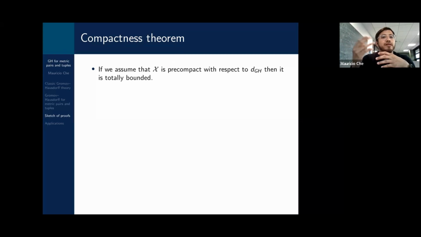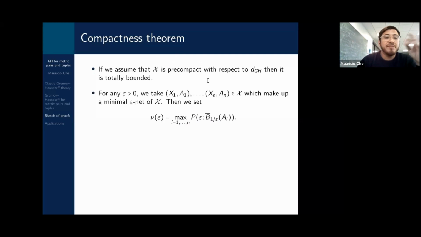But it also implies that this class is totally bounded. Not uniformly totally bounded, just totally bounded in principle. And that means that for any epsilon, we can find some finite set of metric pairs that make up an epsilon net of the given collection X, calligraphic X.